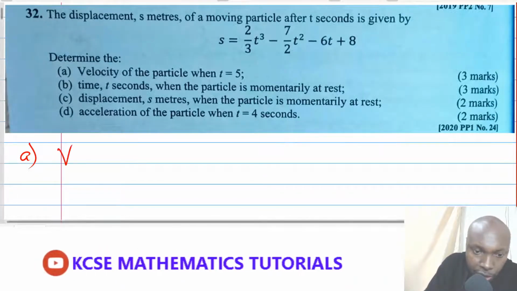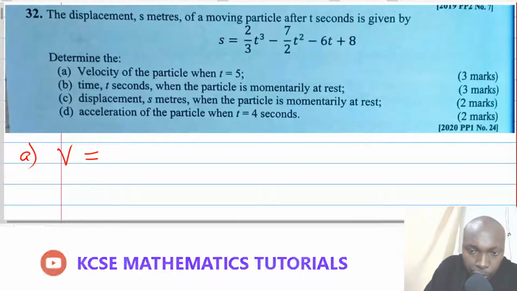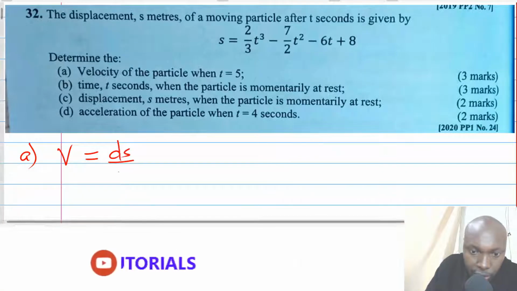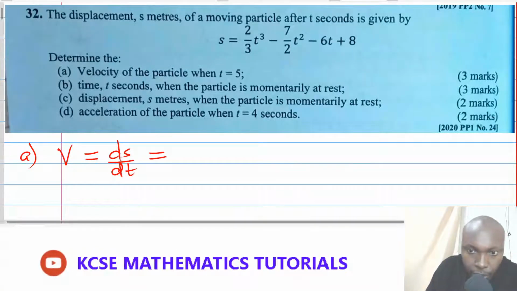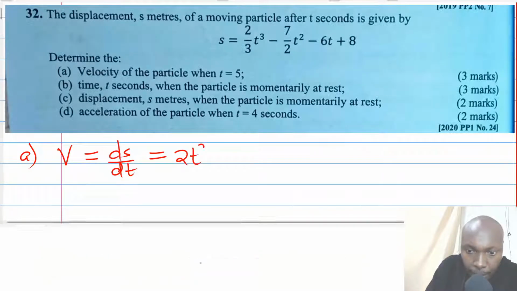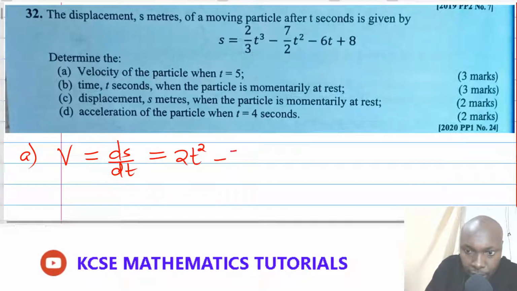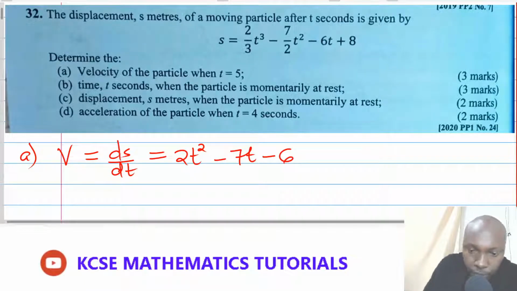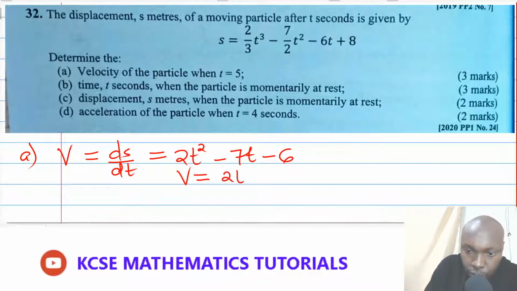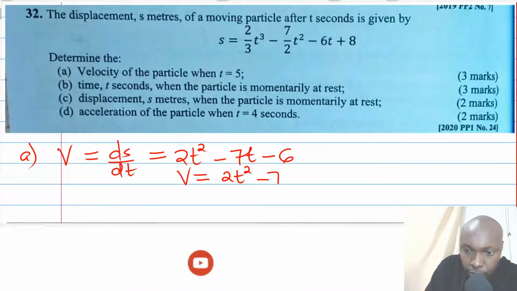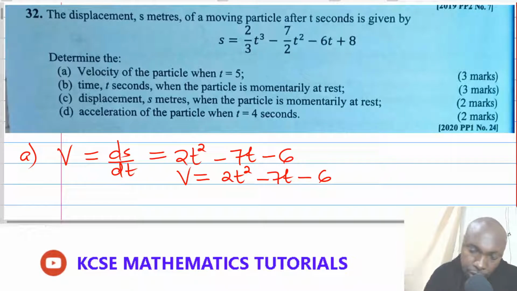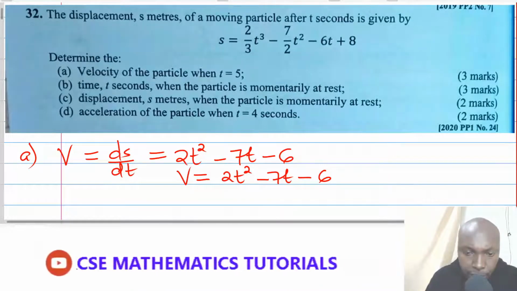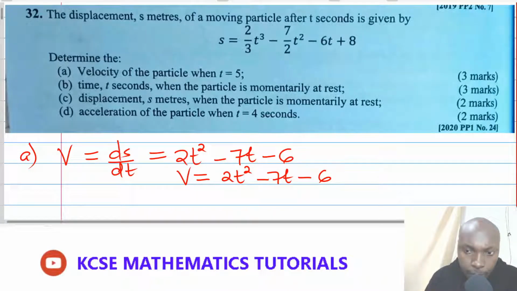Velocity is given by ds over dt, and this will give 2t squared subtract 7t subtract 6. So that is the expression for velocity.